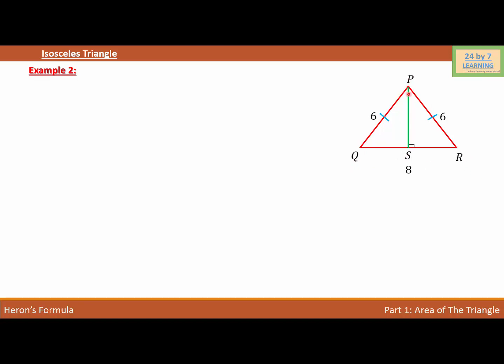If somehow I can find the height of this triangle, I can use the formula to find the area of the triangle. So in order to do that, I need to find the height. If I drop a perpendicular from point P to QR, then this side will be divided into two equal halves. So my QS is 4 and SR is also 4. So basically QS is equal to SR, and both are equal to 4.